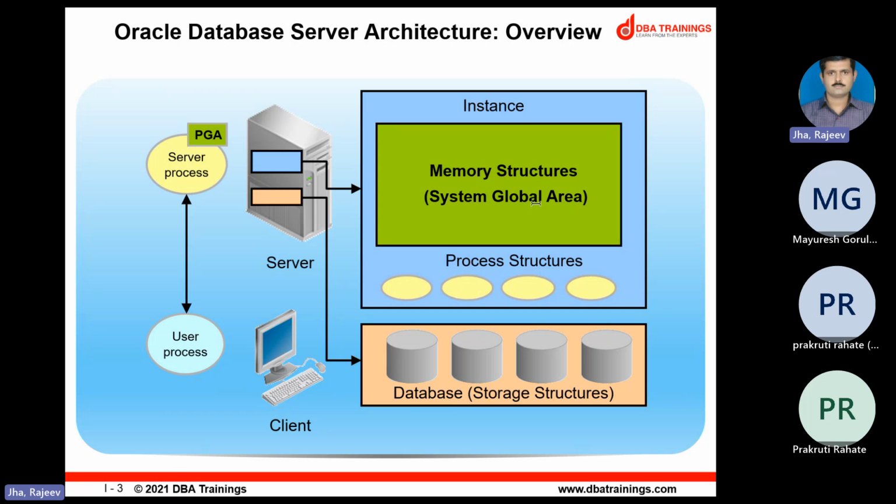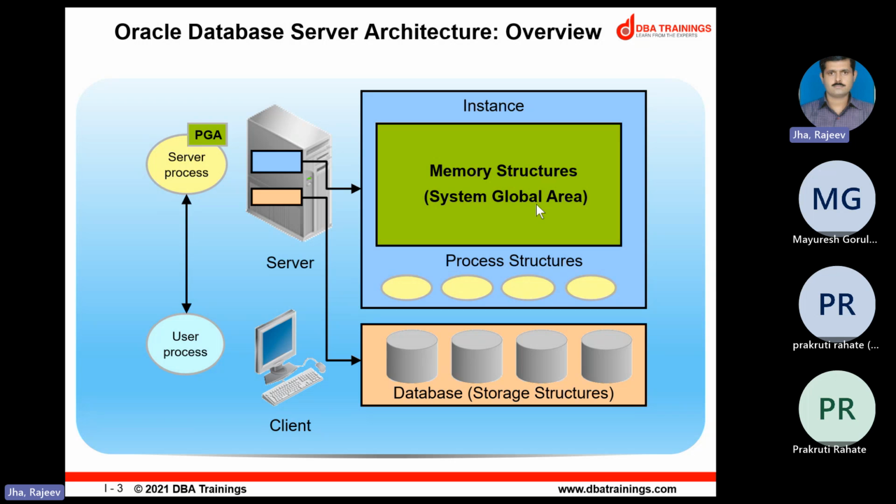LGWR means log writer, SMON is system monitor, PMON is process monitor. Similarly DBWR, database writer, and CKPT, checkpoint, which basically writes on the control file. There are different background processes, archive process, M1 process, n number of processes. Oracle has 50 plus background processes, and all of them work according to their need.